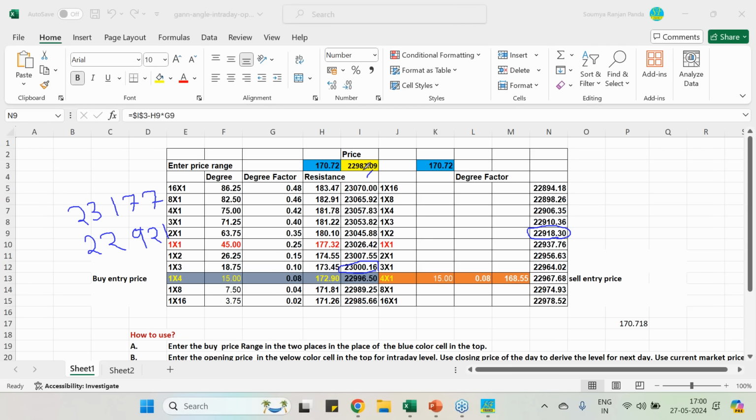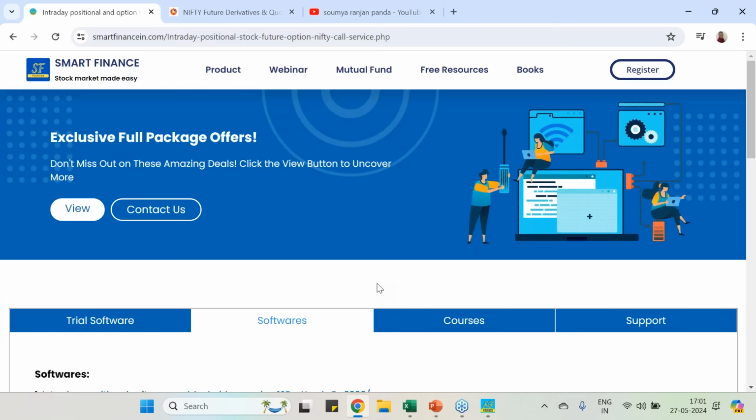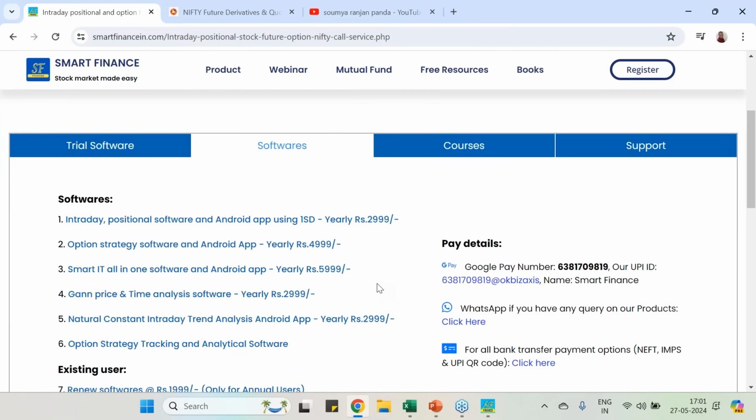So this particular method you can use; it is one of the best intraday trading techniques we have. This is the one technique you have learned, and you can see how easily you can make it.